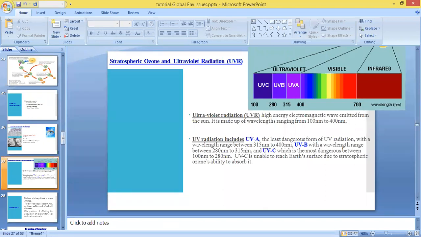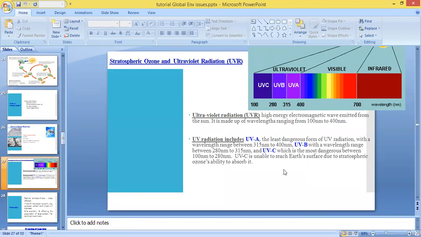UV radiation includes UVA, the least dangerous form of UV radiation, with a wavelength range between 315 to 400 nanometers. So this range is known as UVA, this range is known as UVB, and this range is known as UVC. Okay, so UVB is between 280 to 315, and UVC, which is most dangerous, is between 100 to 280.